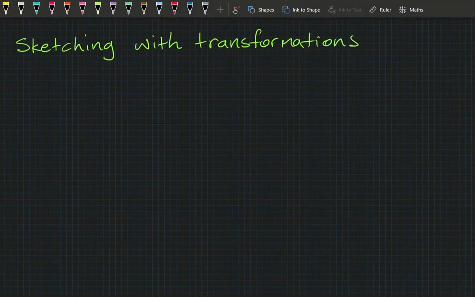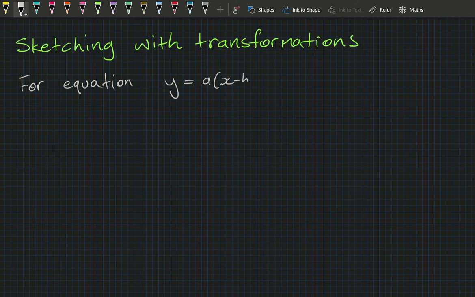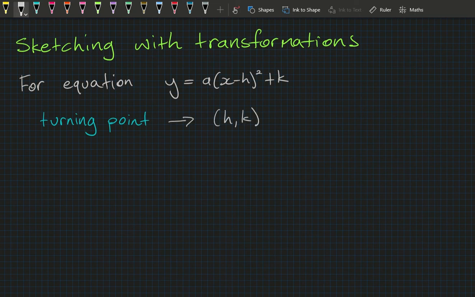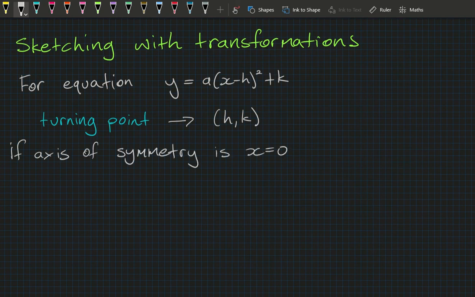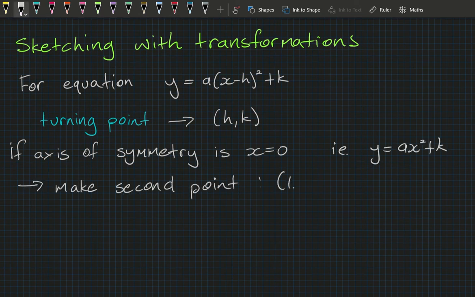For the equation y equals a times x minus h all squared plus k, the turning point is always going to be a point with an x value of h and a y value of k. Now, because we need a second point to draw the parabola, if the axis of symmetry is x equals 0, i.e. y is equal to a times x squared plus k, then make your second point one with an x value of 1.